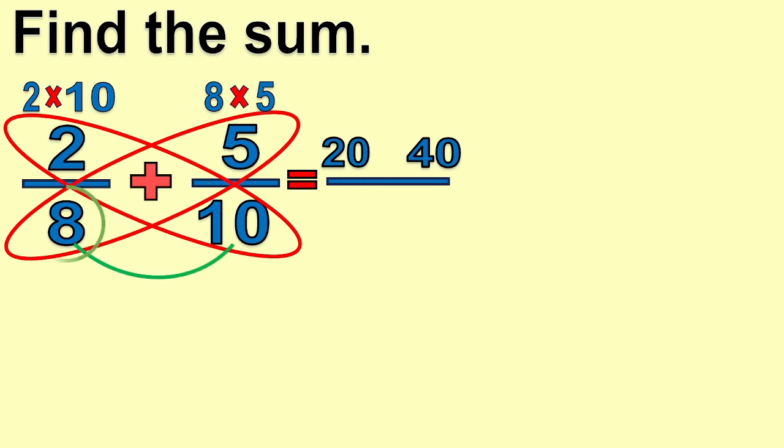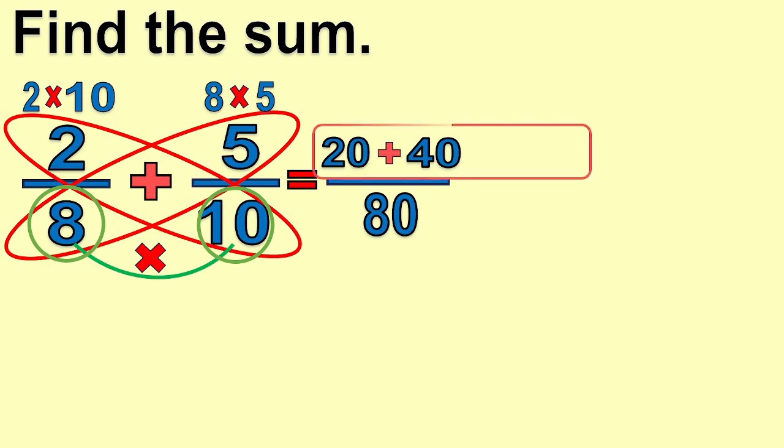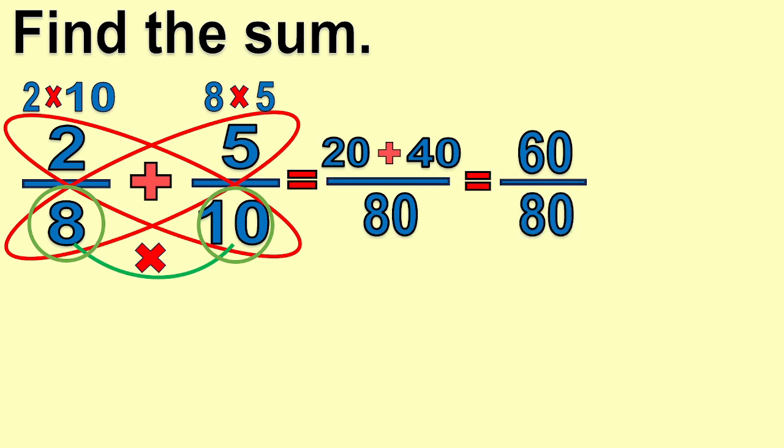We have here 8 times 10 equals 80. Now, add the product of the diagonal pairs of the numerators and denominators together. We have here 20 plus 40 equals 60. Then copy the denominator 80. So the answer is 60/80ths.